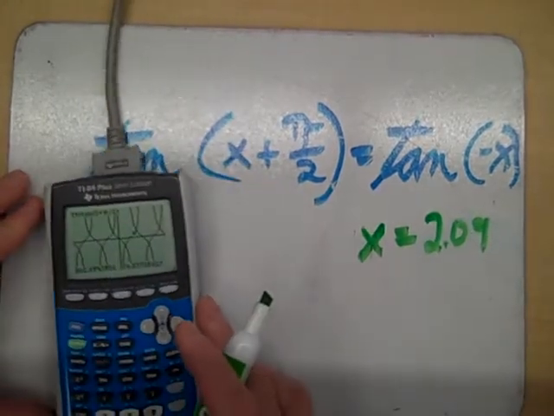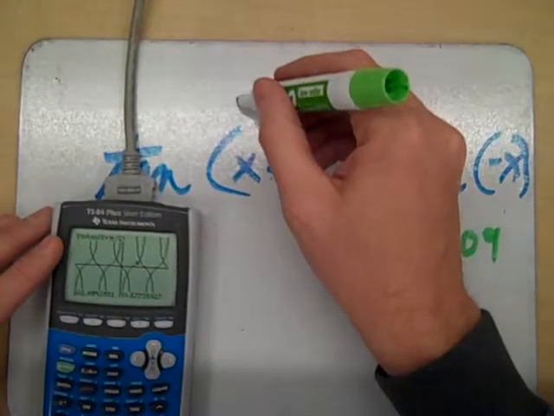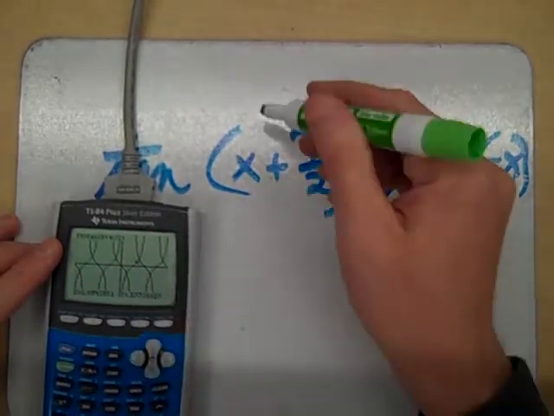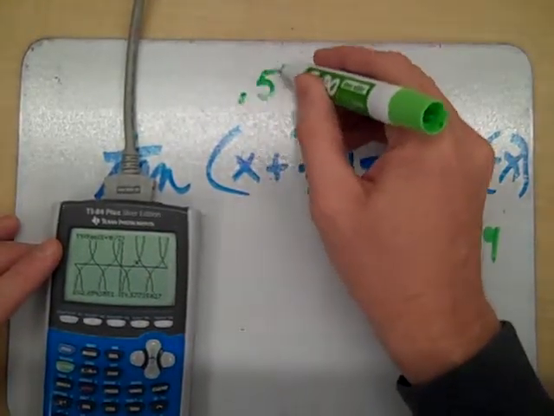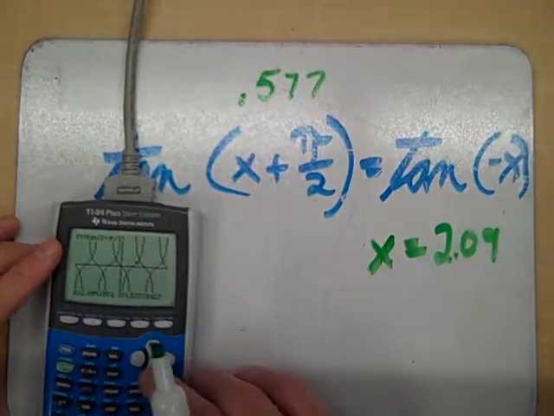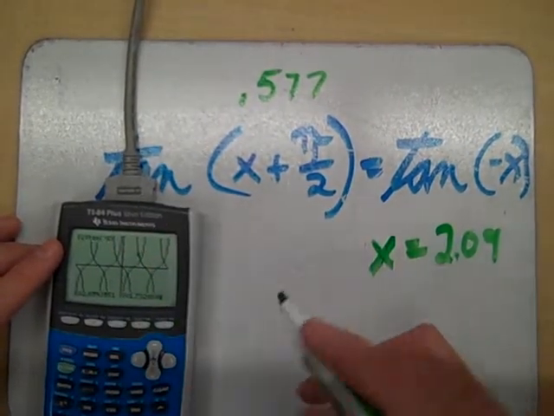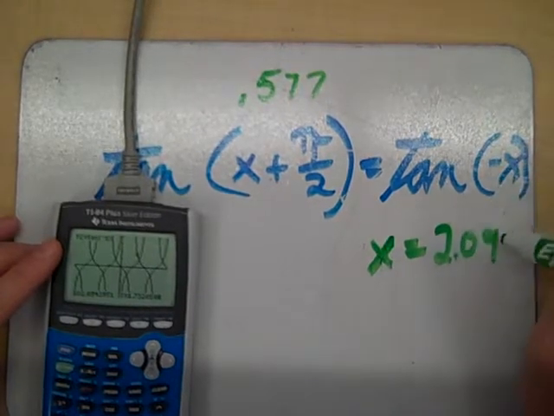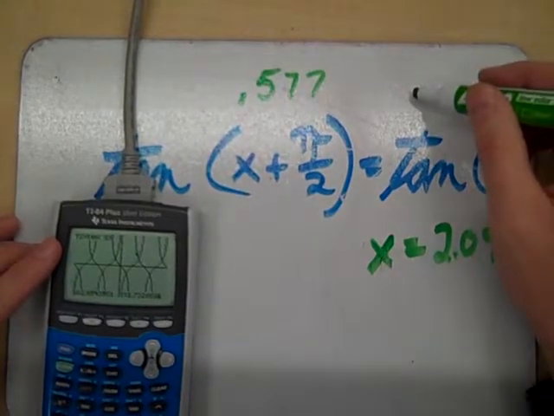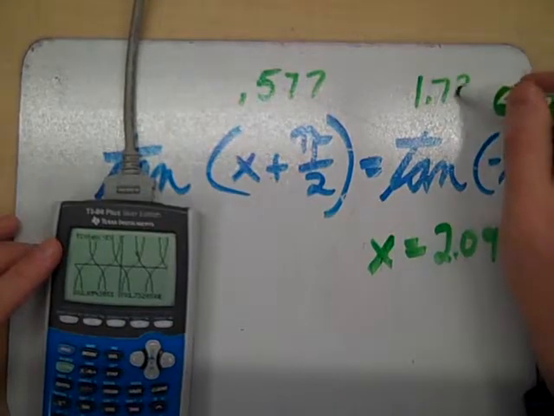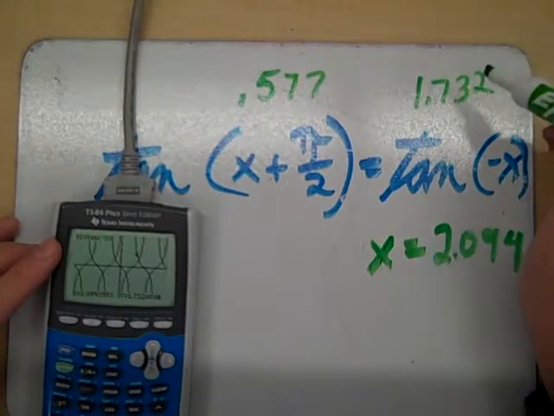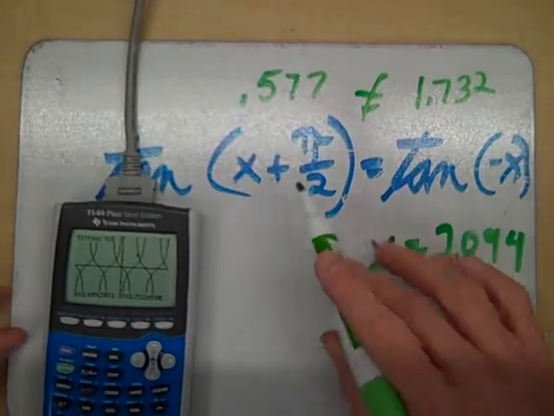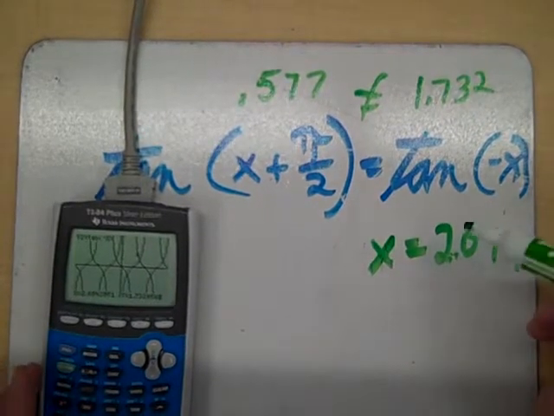2.09, the tan of x plus pi over 2 on this side is about 0.577. I hit the down arrow, it jumps up to this one. The tan of negative x at the same value of x is 1.732. These are not equal for the same value of x, so that is a counterexample.